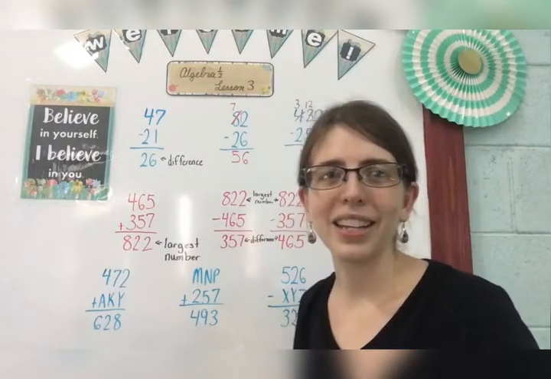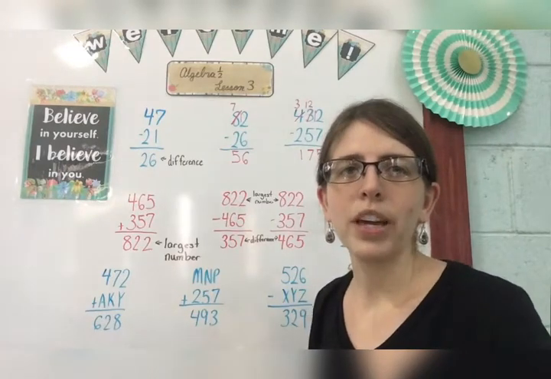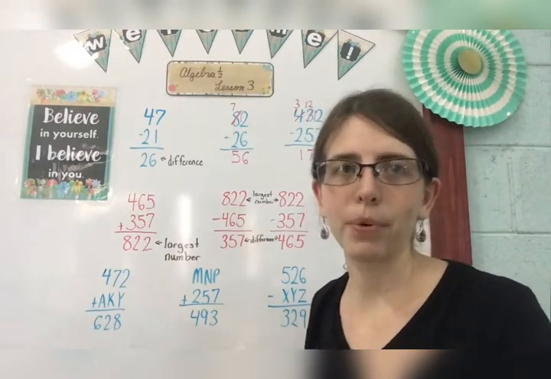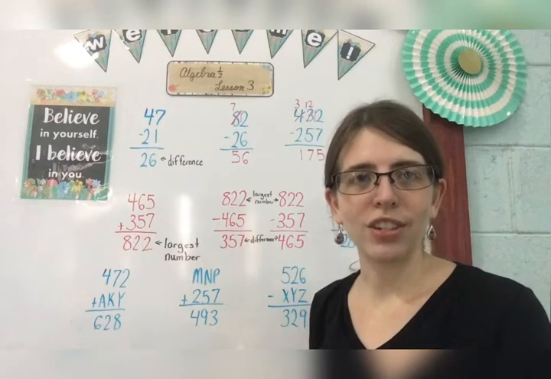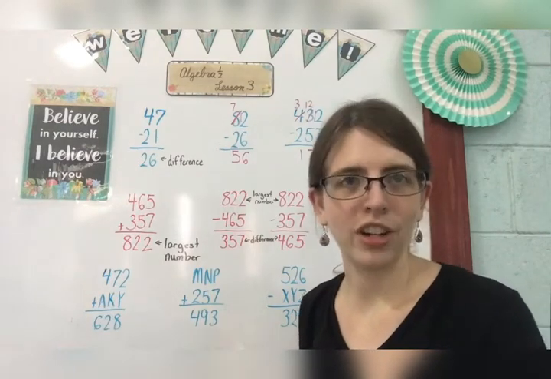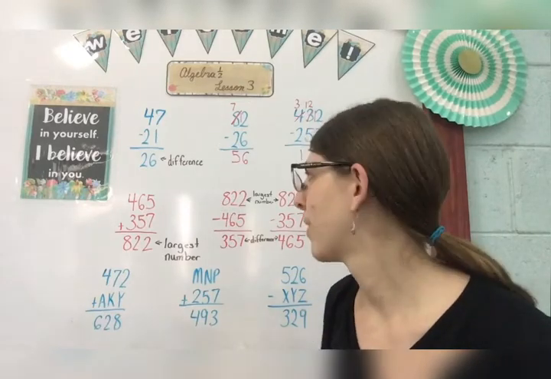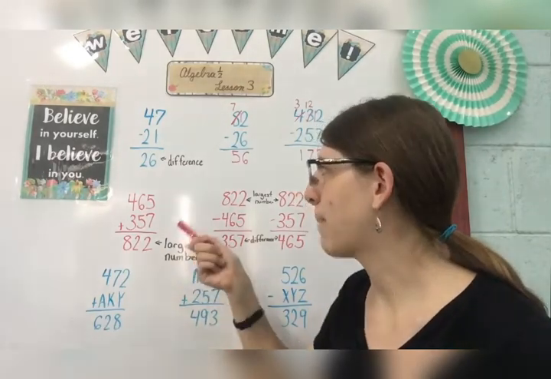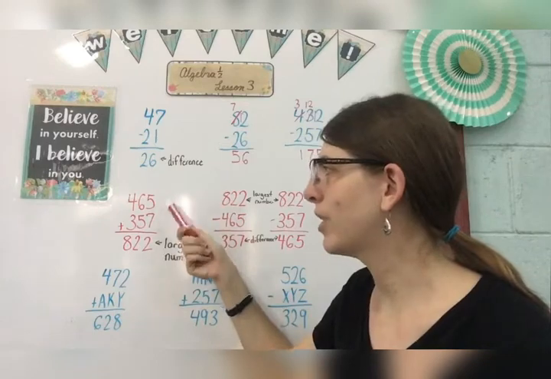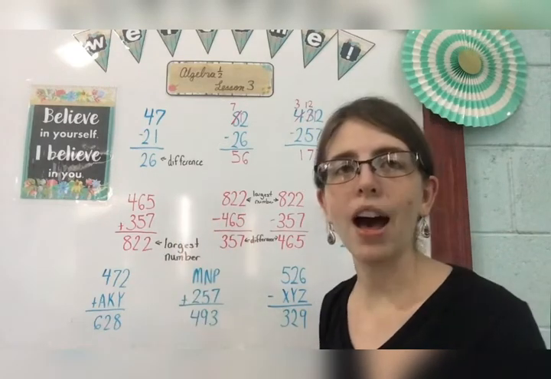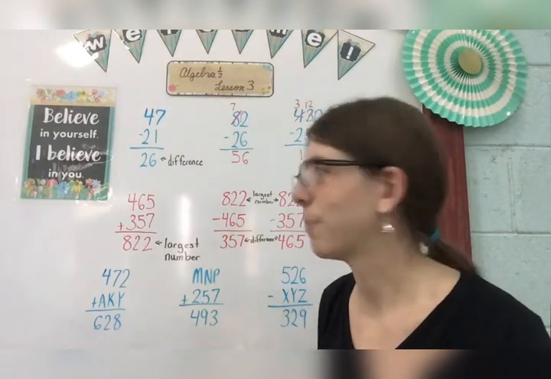Now when you're adding and subtracting, we call these inverse operations. These are inverse operations, addition and subtraction, because they undo each other. Let me show you what I mean. With addition, we have this pattern. You add two numbers together, and the number on the bottom is your largest number.